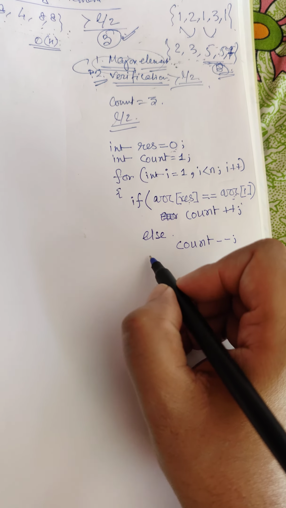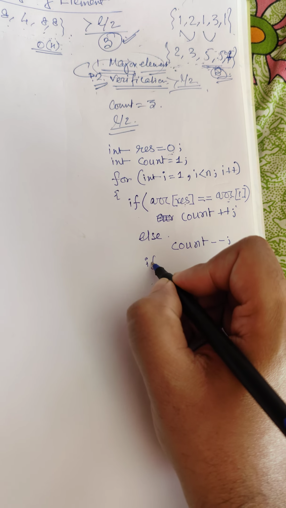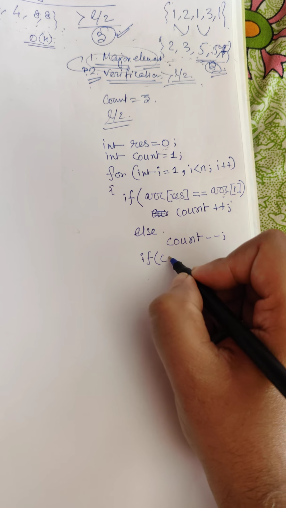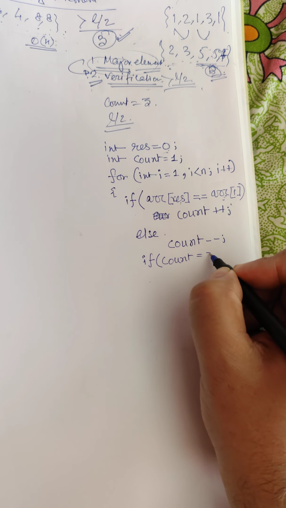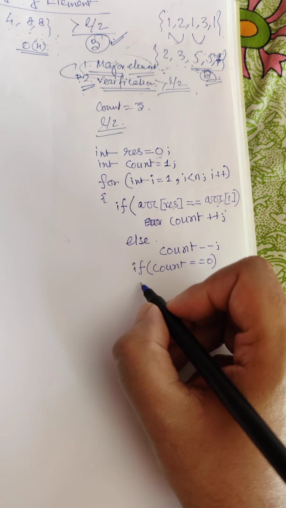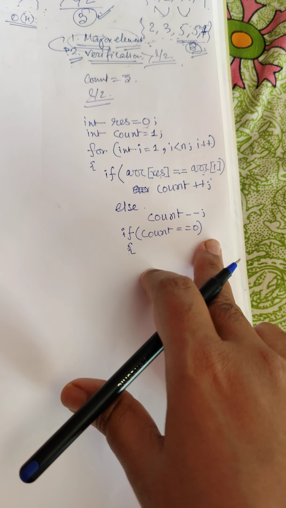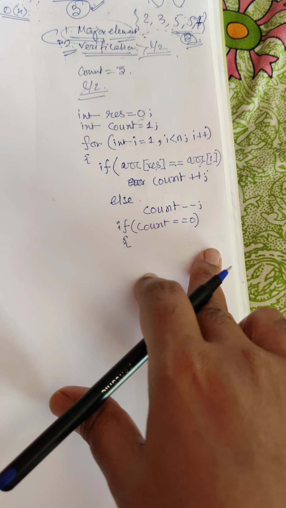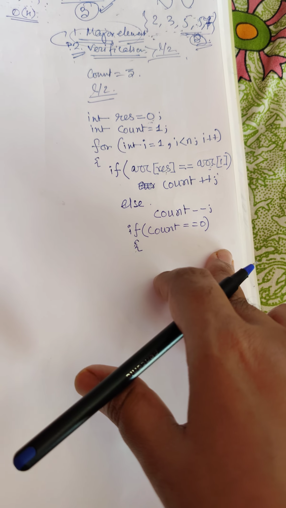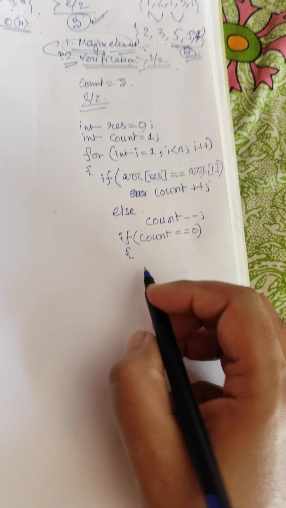Now there is a very interesting question: if your count value is equal to 0, in that case what will you say? If your count is becoming 0, that means it is not matching with these two conditions.